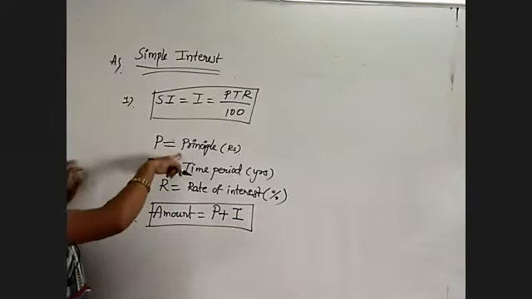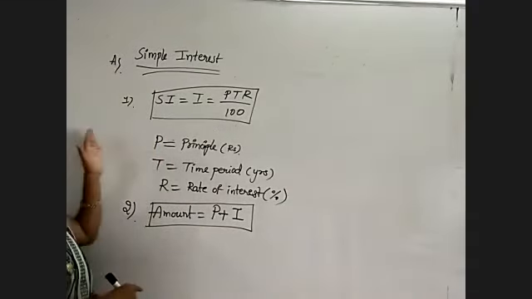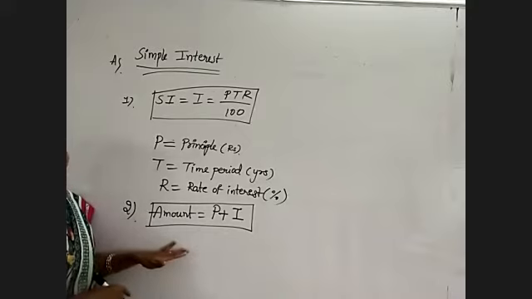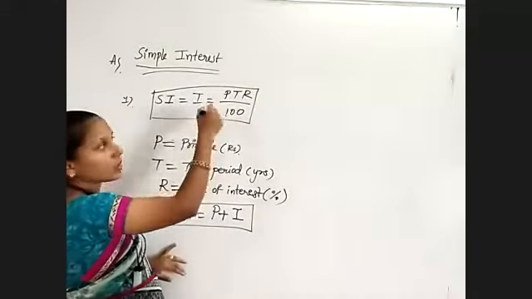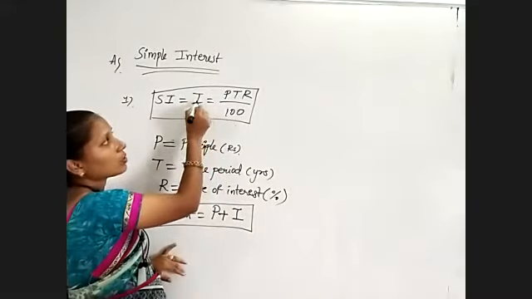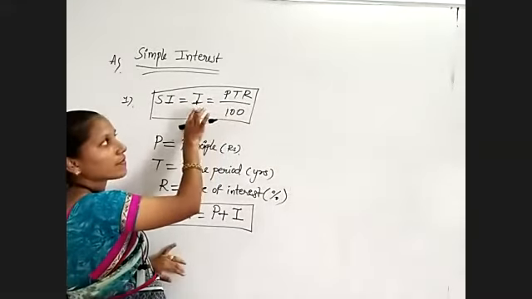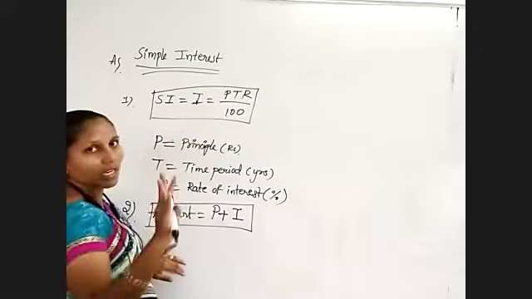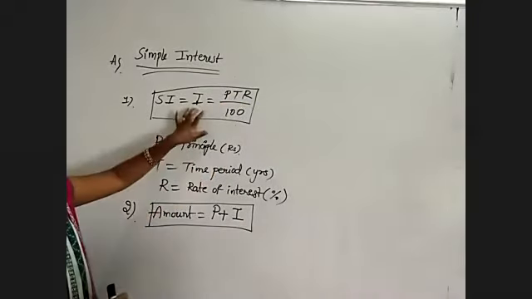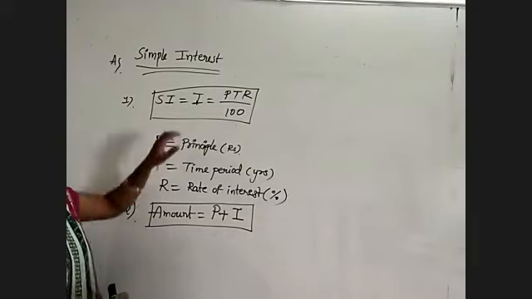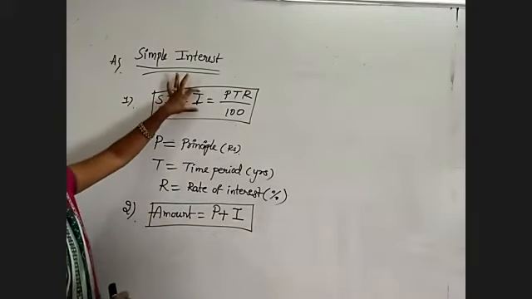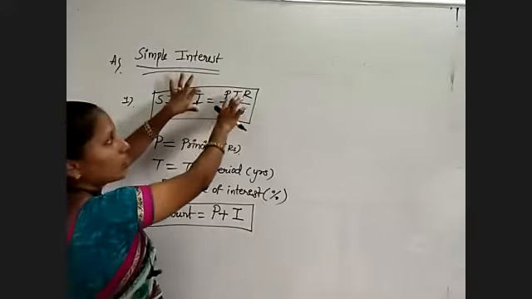Principal plus interest. And depending on these two formulas only, we have several formulas. For suppose, see here how many variables we have. I is equal to PTR by 100. I is a variable, and P, T, R, so 4 variables are there. Of these 4, they will give any 3 and we must find the one value. If they ask to find I, they will compulsorily mention the P, T, R values in the question.